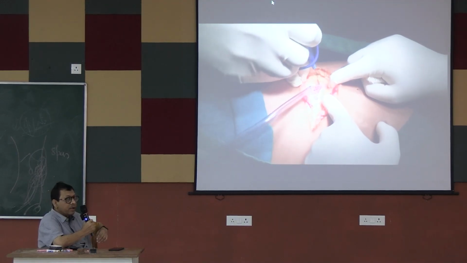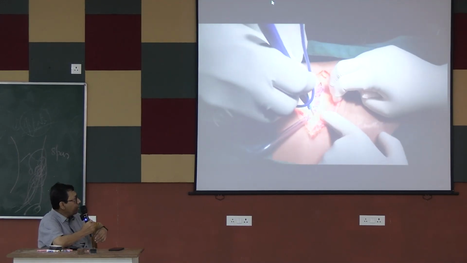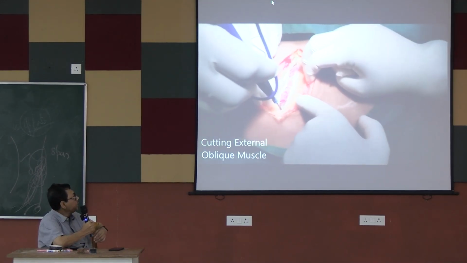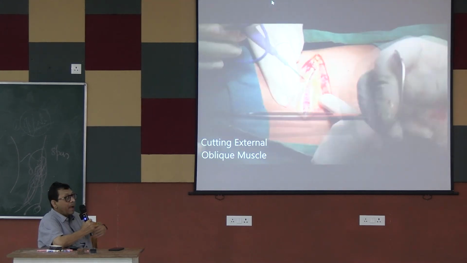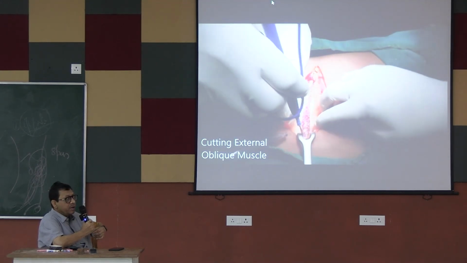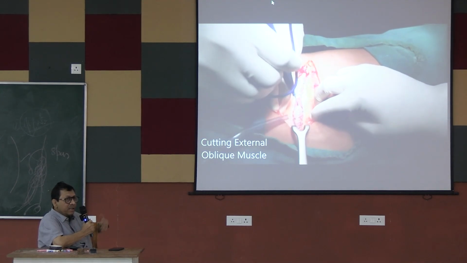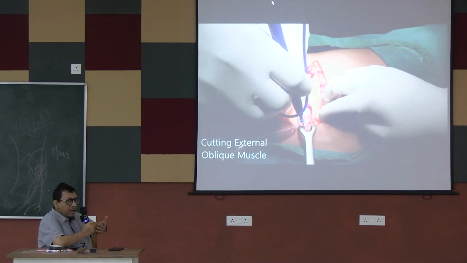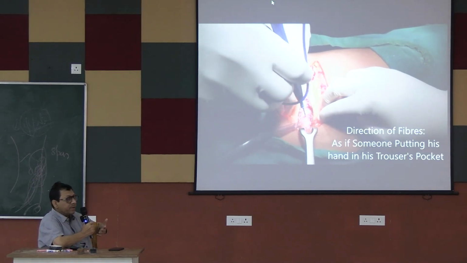We are cutting external oblique, internal oblique, at the back, serratus posterior inferior. These are the things they will ask you in the operative surgery.